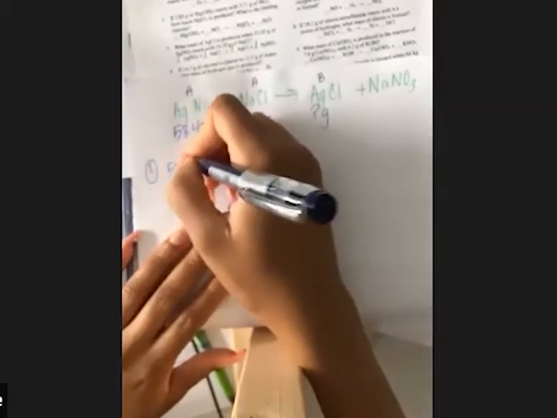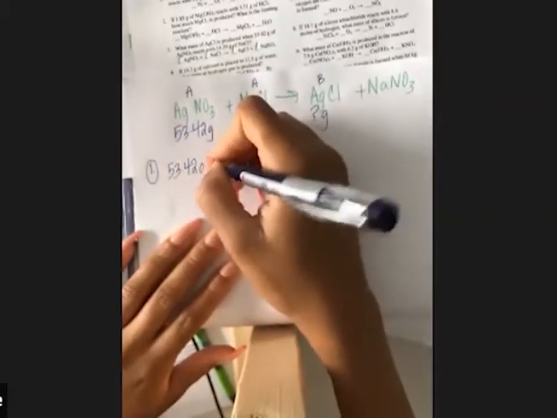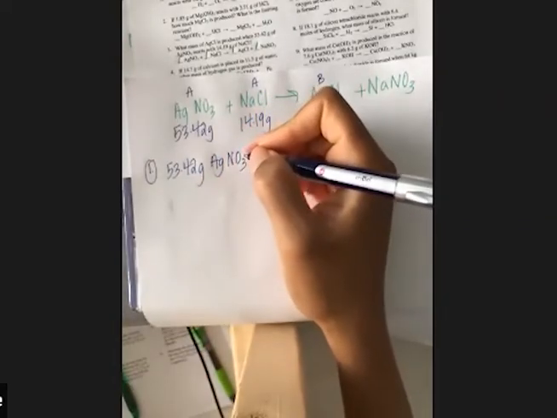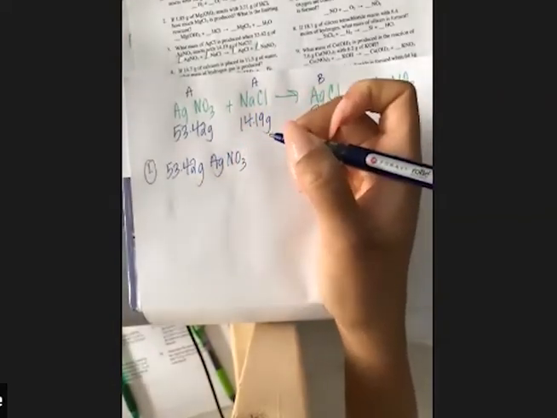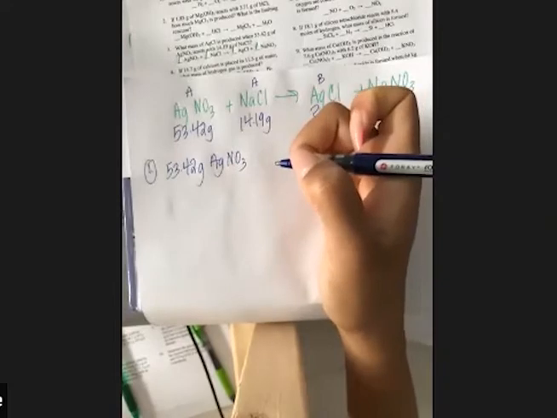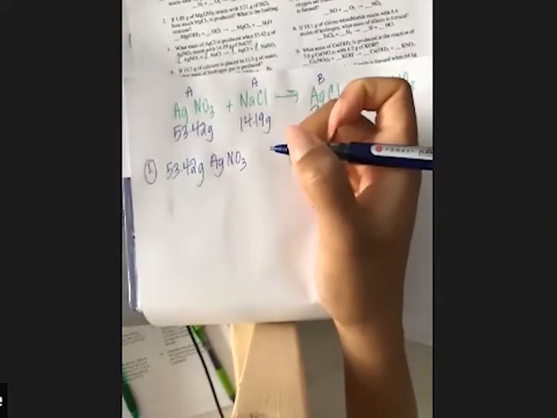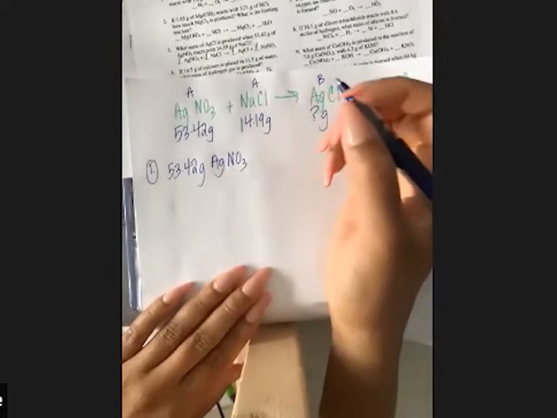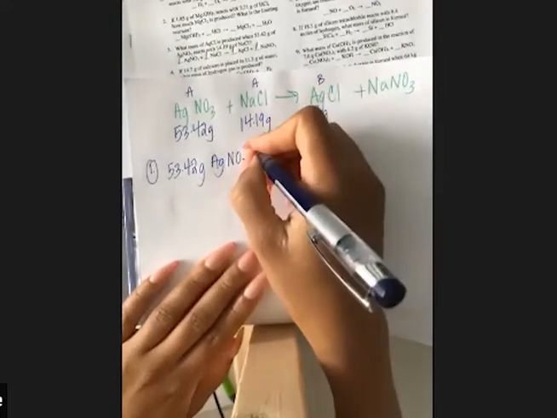If we start off with 53.42 grams of silver nitrate, what's my first step?